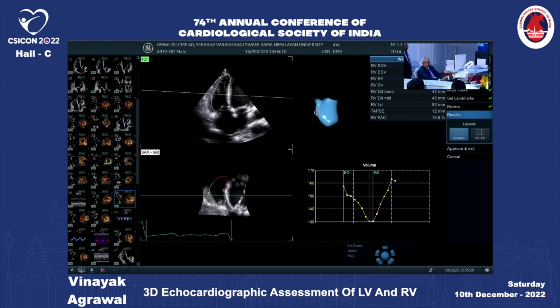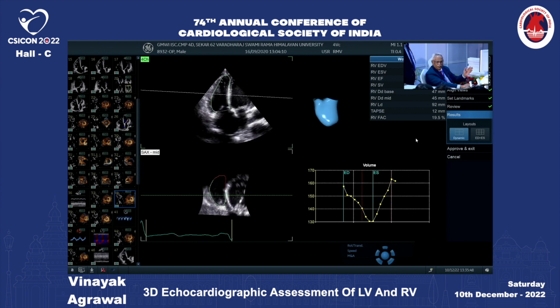Once you get a good data set, then with marking of a few points, you can get an RV cast or an LV cast or an LA cast. So this is the methodology. But you can see once you do it for say 50 cases, then you will become much more competent.